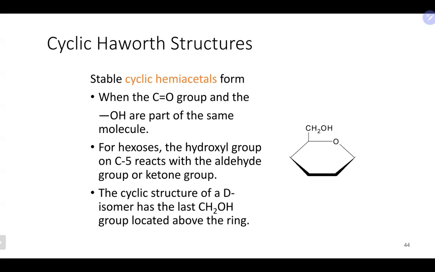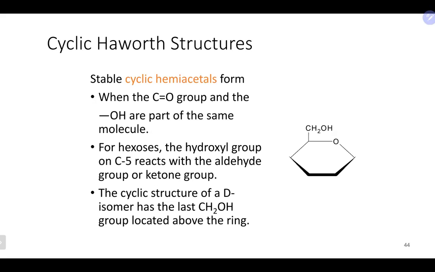So, a stable cyclic hemiacetal, and if you remember, a hemiacetal is really a carbon that has an OH group attached to it, and also has an oxygen-carbon type group attached to it. So when the carbon-oxygen double bond and the OH are part of the same molecule, for hexoses, the hydroxyl group on the 5th carbon reacts with that double bond.